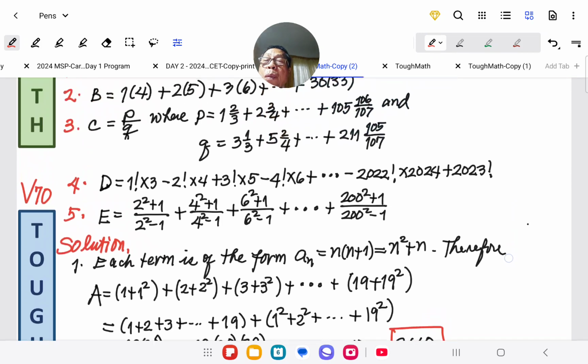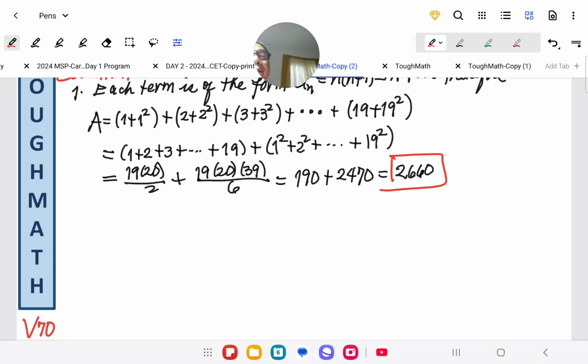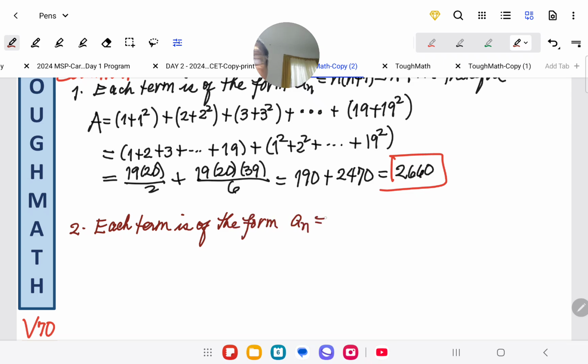And then for number 2, each term is of the form a sub n, which is equal to n times n plus 3, or n squared plus 3n, where n ranges from 1 up to 30.